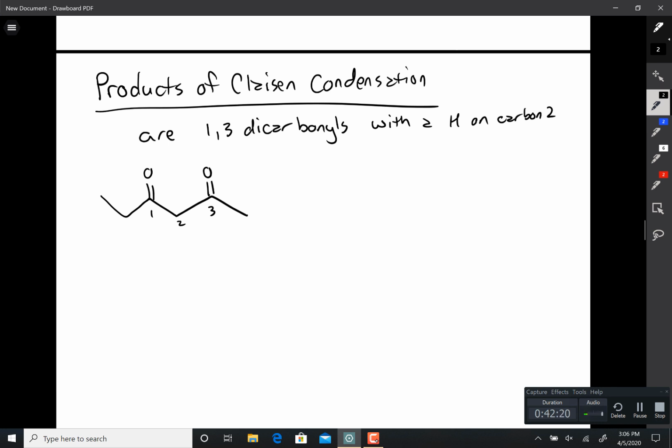Here's a 1,3-dicarbonyl. It has a hydrogen on 2, so this could be a Claisen condensation. Now, how to break it down and predict the starting materials that this could come from.